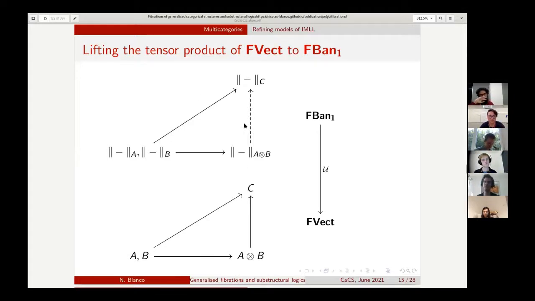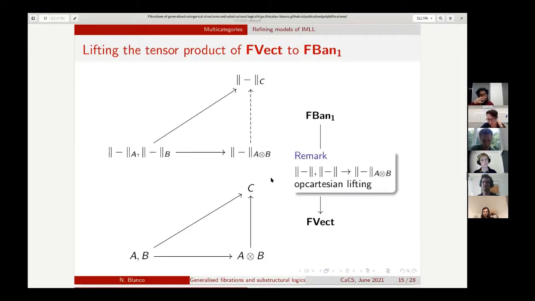And so if you are familiar with fibrations, there you should recognize the notion of up-Cartesian map. This is really saying that this map into the tensor norm is up-Cartesian. To go back a little, I'm saying if I have norms on my domain, I want to find an object that will come with an up-Cartesian map. So I want to find the push forward that will come with the up-Cartesian lifting.